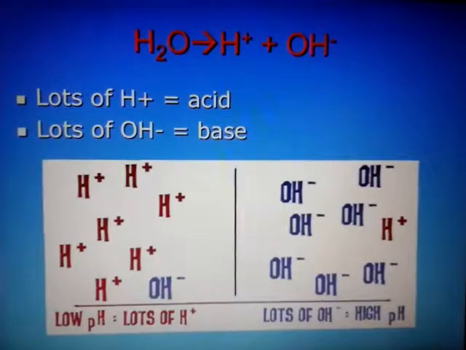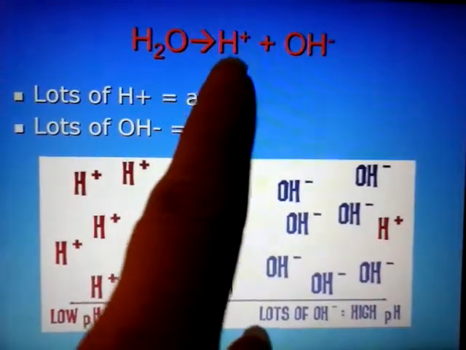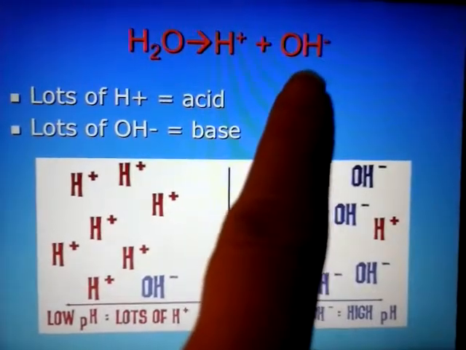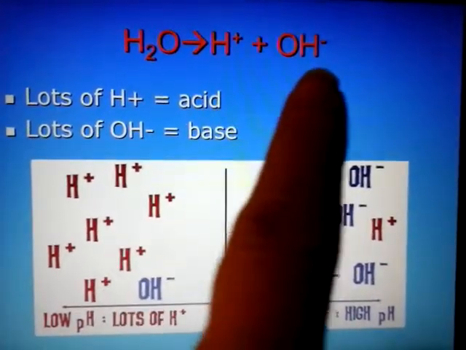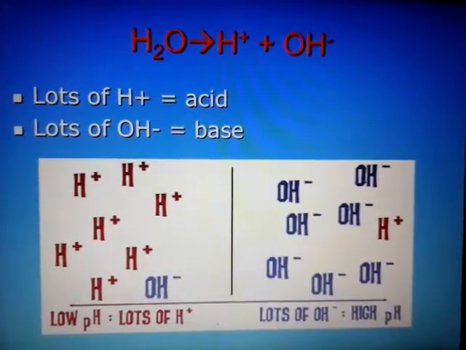So again, just as a review, when water falls apart, it falls apart into hydrogen ions and hydroxide ions. And they should be equal to each other. They should cancel each other out because water is neutral.